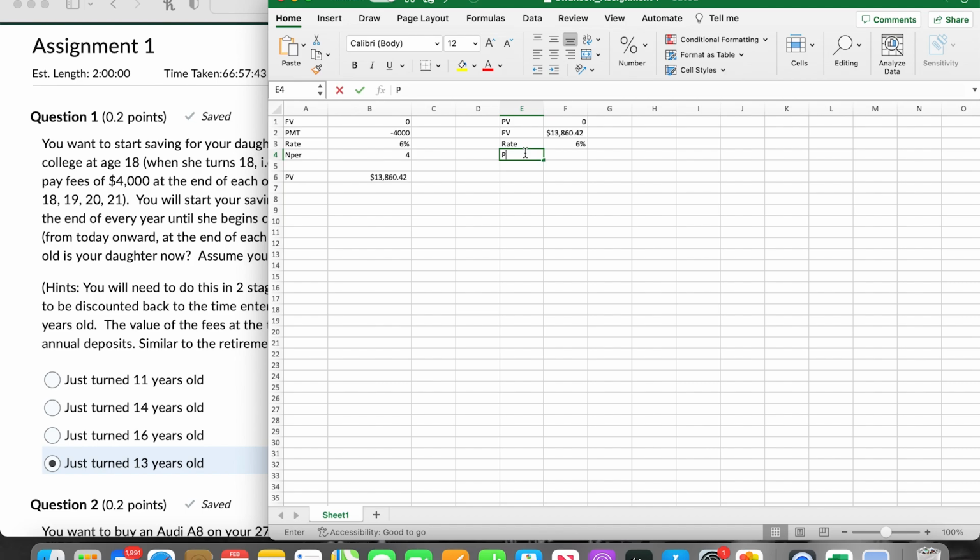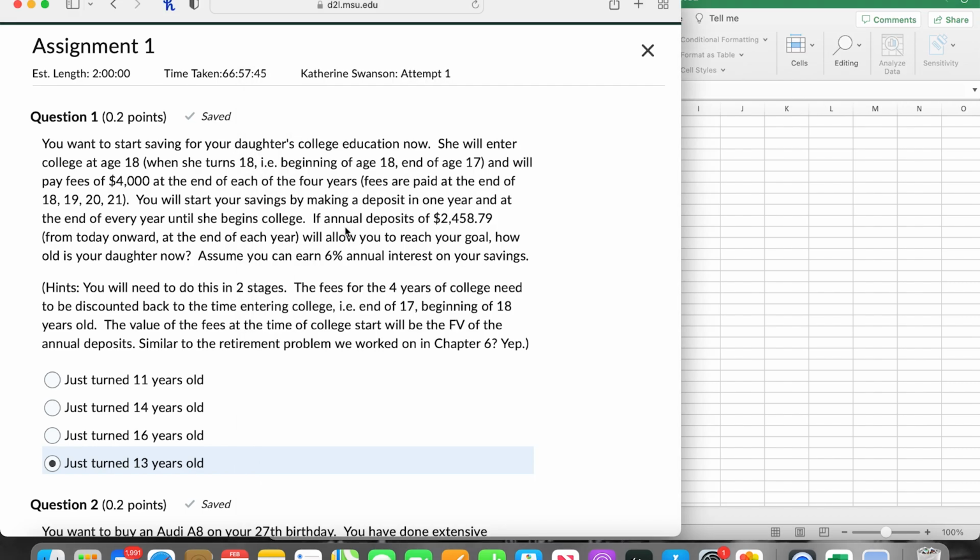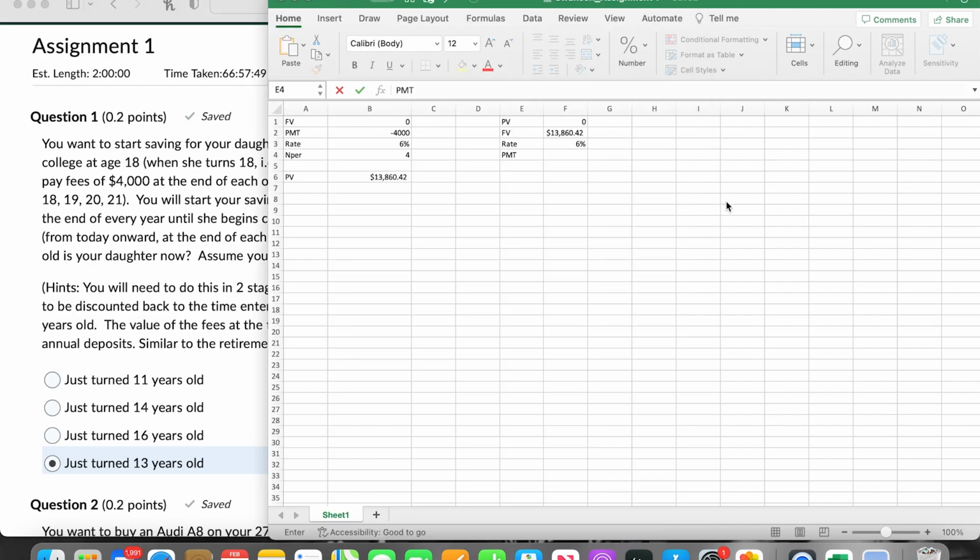And our PMT changes because annual deposits of $2,458.79. So we're going to put in negative $2,458.79. And now we're going to calculate number of periods, because how many periods would it take to get your daughter to the age of 18? So we're basically calculating how many years.